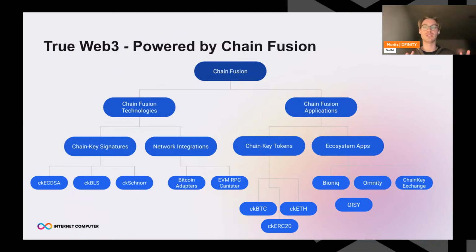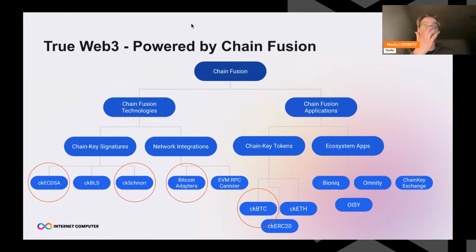So we want to bring the strengths of the Internet Computer to smart contracts on other chains, and also vice versa. And as of today, we support basically all or most EVMs or EVM-based layer 2s. We have a Bitcoin direct integration that we are talking more about today. And we are also currently working on supporting Solana. And this should be ready this year.